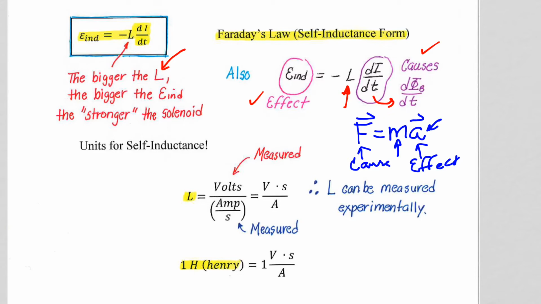And we are going to see the same thing with Faraday's law in terms of self-inductance. We're going to see that this L parameter behaves almost in a similar sense to resistance, in that it's going to be how much the inductor is going to fight or impede.